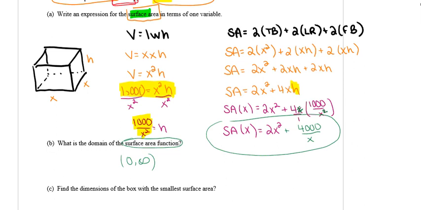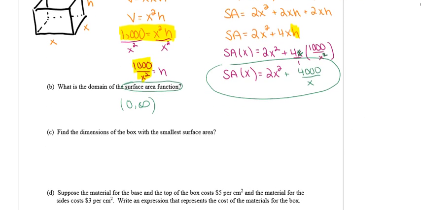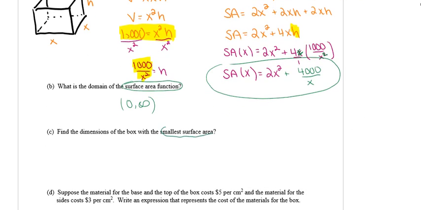Letter C says find the dimensions of the box with the smallest surface area. So smallest would be the minimum. So I'm going to go ahead and plug this into my calculator and find its minimum. I think just in the interest of time, I'm going to tell you that when I plug this into my calculator, I found the minimum point to have coordinates 10, 600.